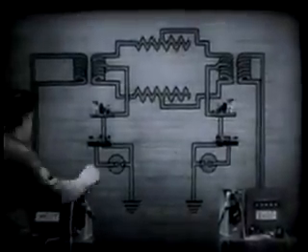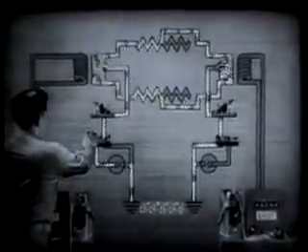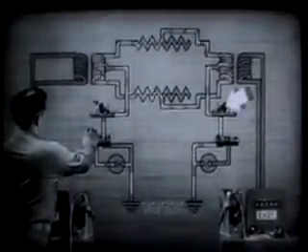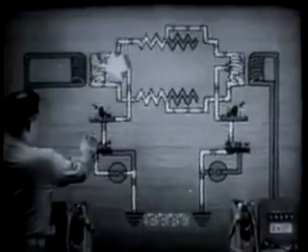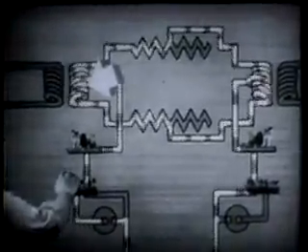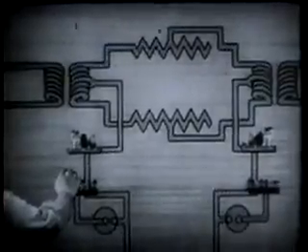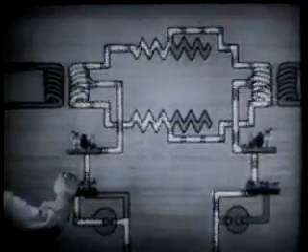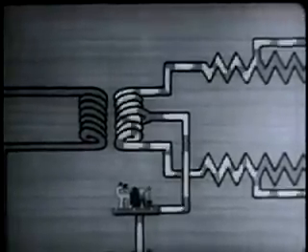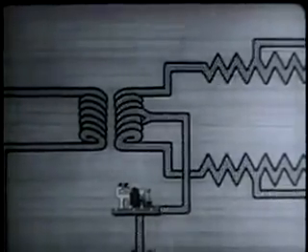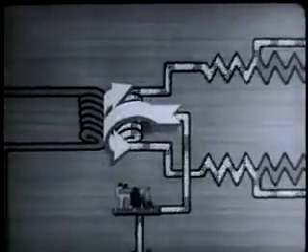When one telegraph operator sends a message, the other receives it. The current goes from the telegraph set to the midpoint of the repeating coil's line side winding. Since both line wires are of equal resistance, the current divides equally in the repeating coil.